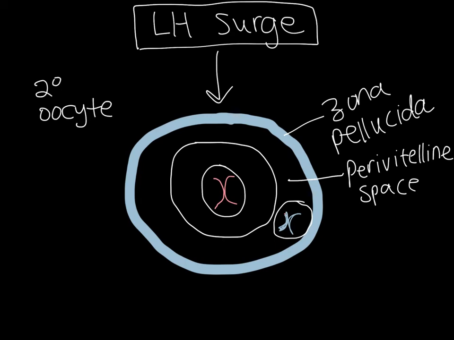So the polar body is the oocyte's way of getting rid of that extra genetic material to increase offspring survival, because obviously too much genetic material will lead to unfavorable mutations and prevent survival. So instead of the cell dividing into 2 cells, it just extrudes this polar body. This is polar body 1.